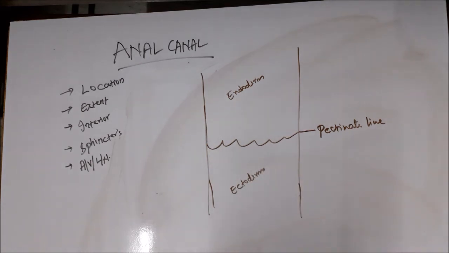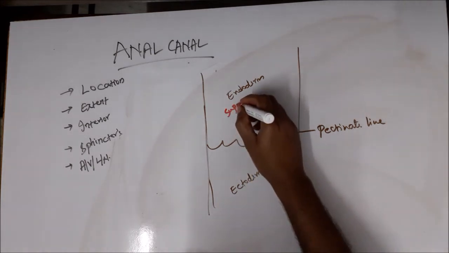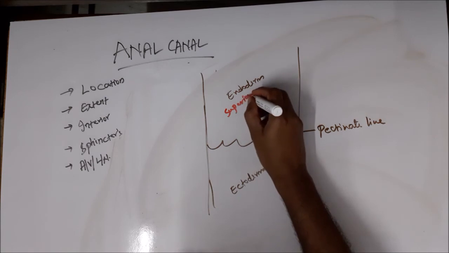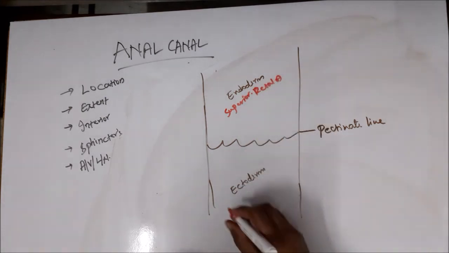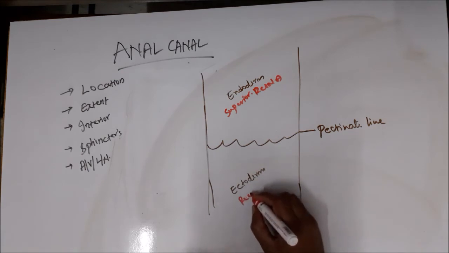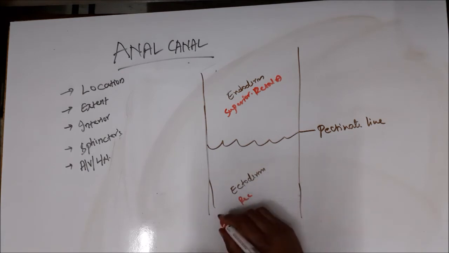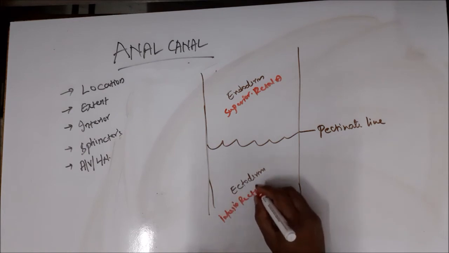Then the arterial supply of the upper part is by the superior rectal artery, and the lower part, below the pectinate line, is supplied by the inferior rectal artery.